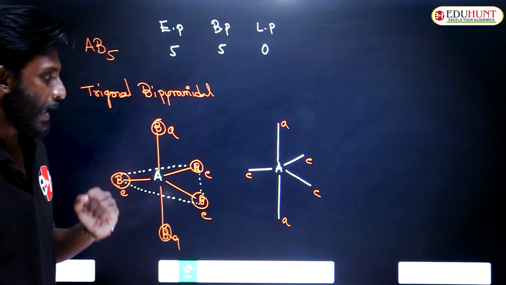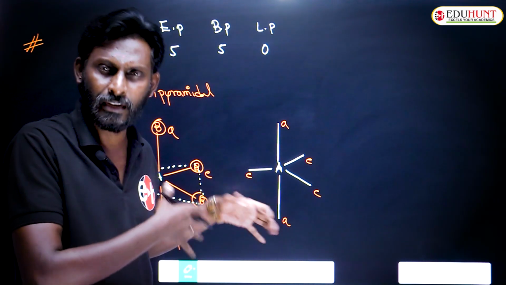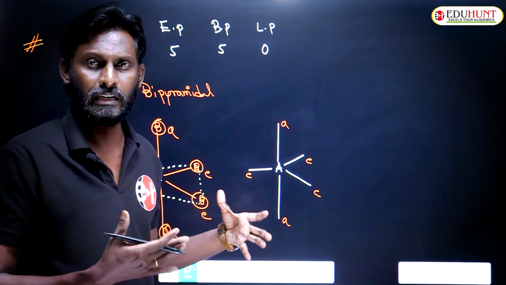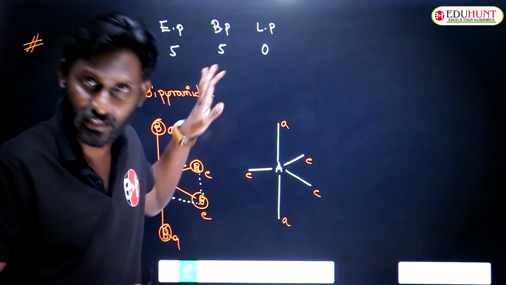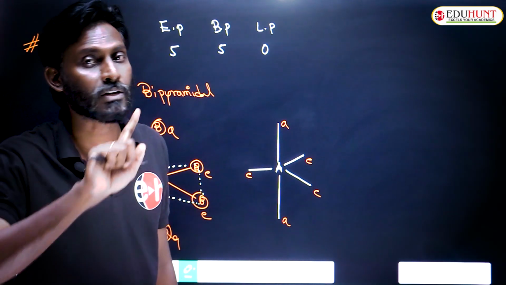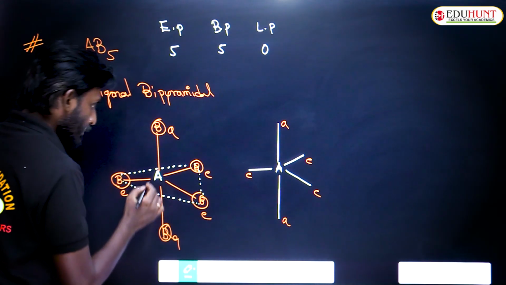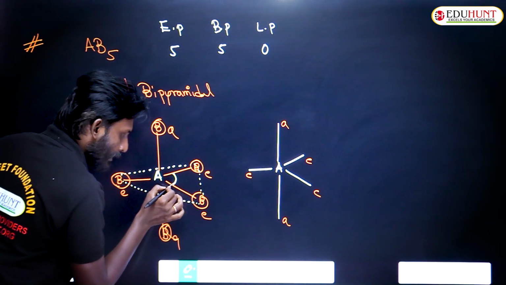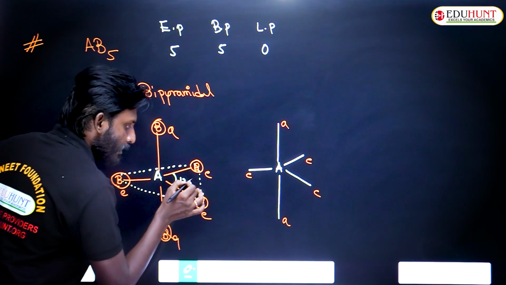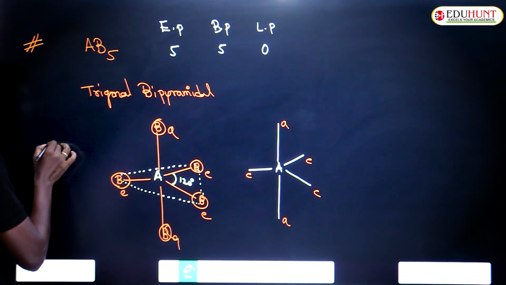And a more important point: it may look like a regular symmetrical structure, but in one way it is not regular, because in this structure all the bond angles are not the same. There are two types of bond angles. One bond angle is 120 degrees, the trigonal planar bond angle.